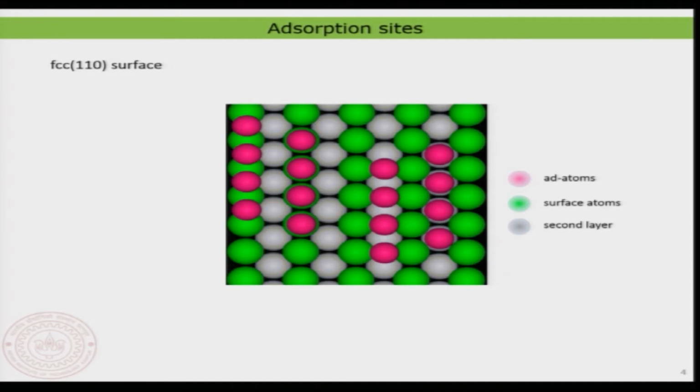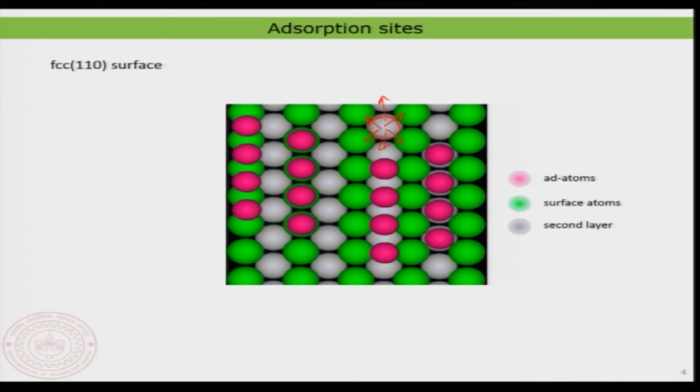Therefore, your hollow site, this site here, looks similar to the one on the 1 0 0 surface, but now you see that it has a weaker coordination along this direction. There is no atom there, there is only a coordination along this side. So, this is mostly going to have a coordination like this.